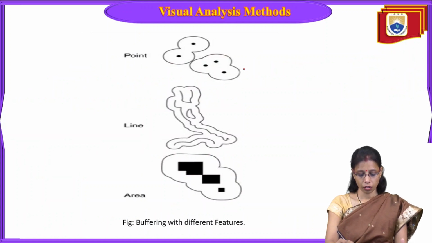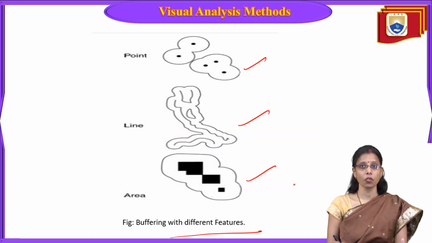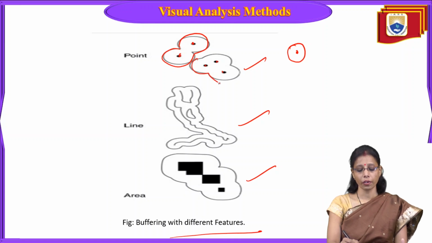There are three types of buffer here, buffering with different features. Now you have a point buffer. If you have 2 points, around these 2 points you have a buffer like this. If it is a single point, the buffer will be like this. With 3 points, the buffer is around them like this. This is the buffer zone.